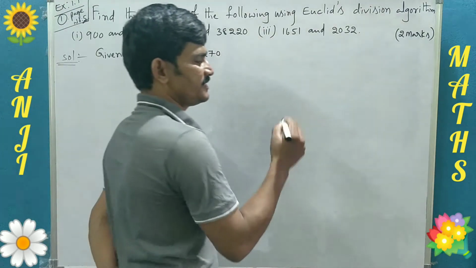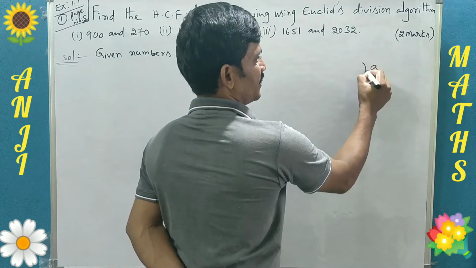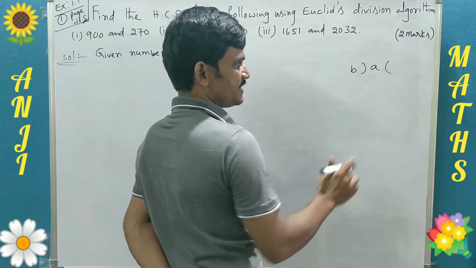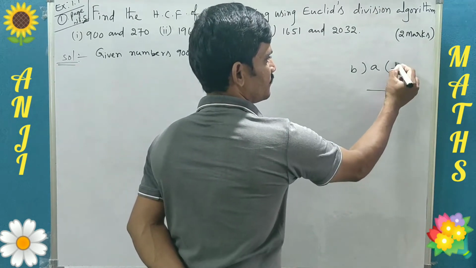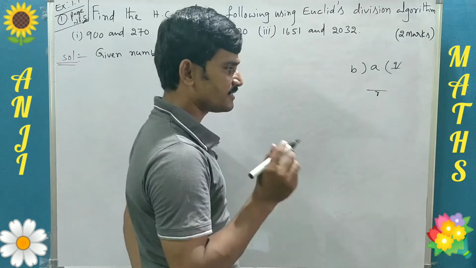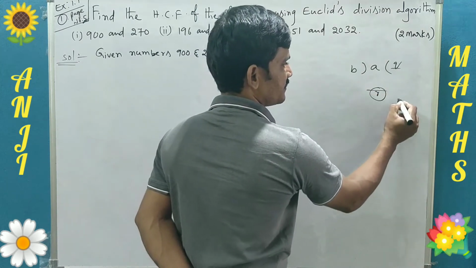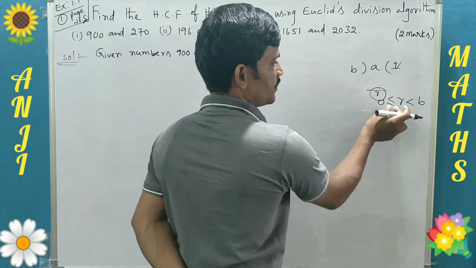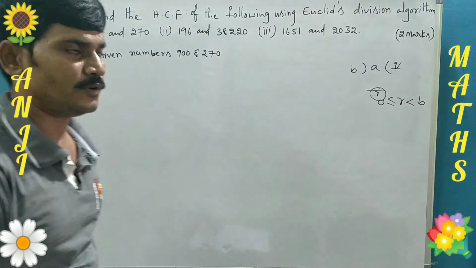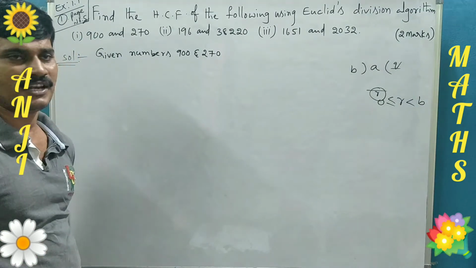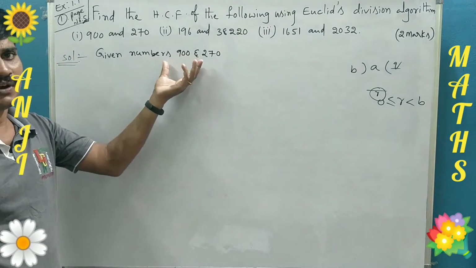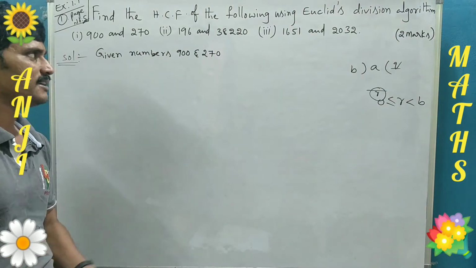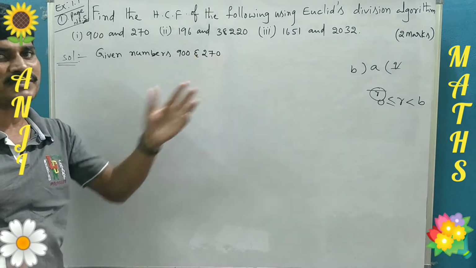Euclid said that for a given pair of positive numbers, let me take a and b, there exists a unique pair of integers, one quotient and the corresponding remainder, such that the remainder is always less than the divisor, otherwise it may be equal to 0 or greater than 0. So by using this division lemma, we will find the HCF of any two numbers. Later we will verify that it is the highest common factor of the given two numbers or not.